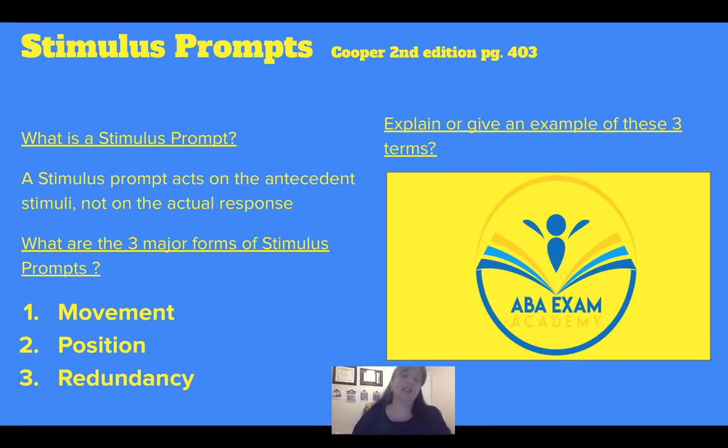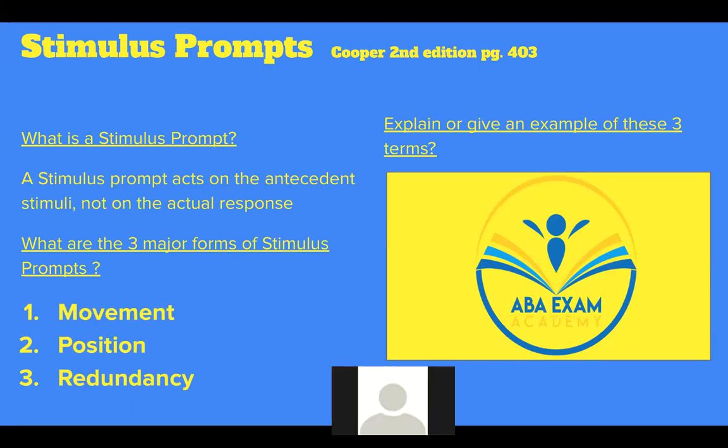Does anyone know what redundancy is? Because that one is a little bit more difficult. Well, redundancy is when you make the particular, let's say card, for instance, a card of a car, when you make it more poignant, the word I'm trying to spit out. I heard the word salient. Is that part of that? Yeah, salient.